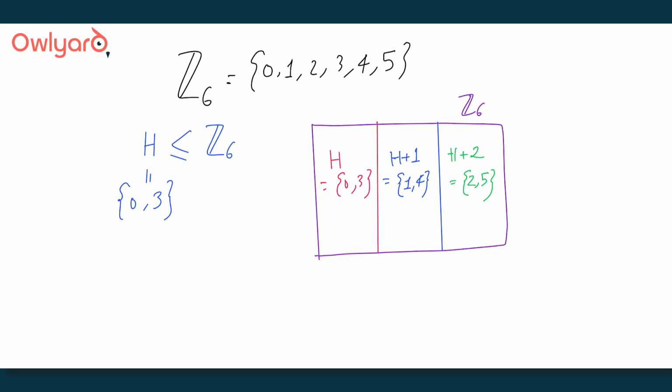They are rather subsets of Z6, but the sizes of all these 3 sets, H, H plus 1 and H plus 2, are the same. They all contain 2 elements, right? So if we think of residue classes in this way, that's exactly how they partition the original group.